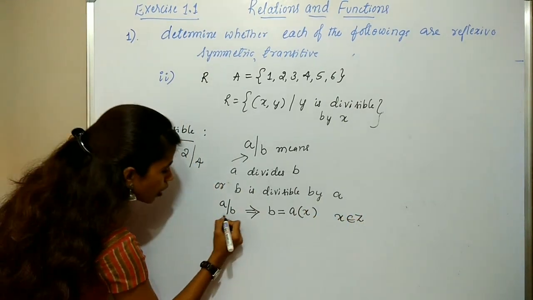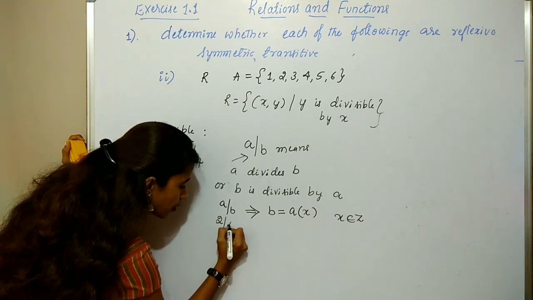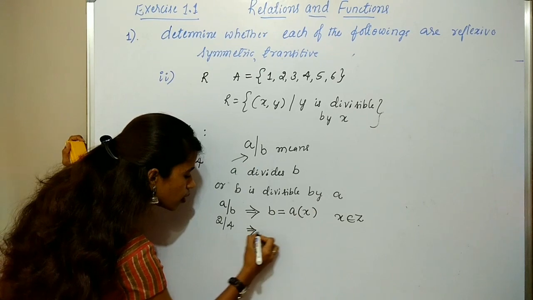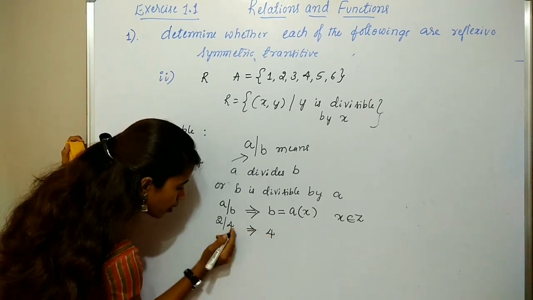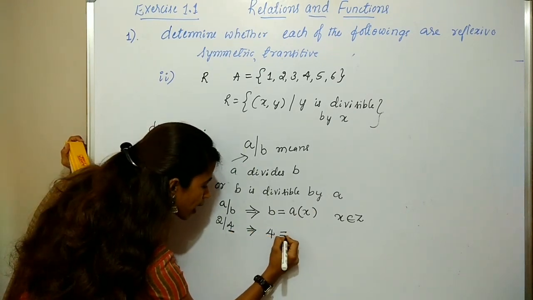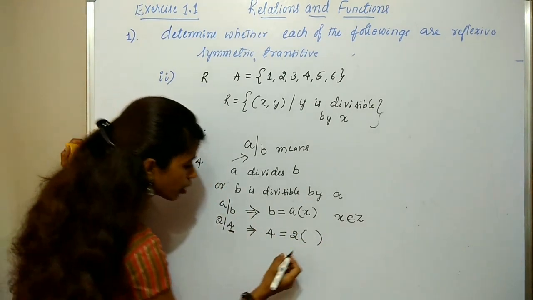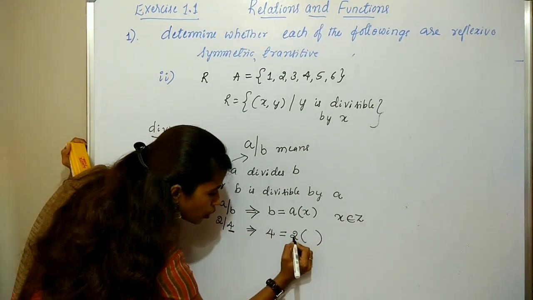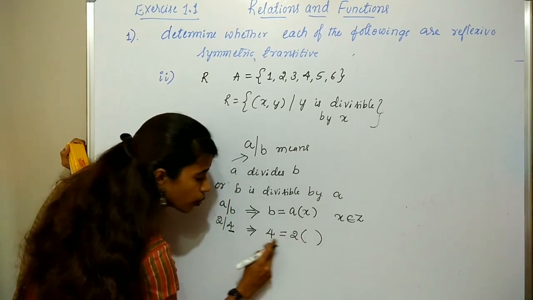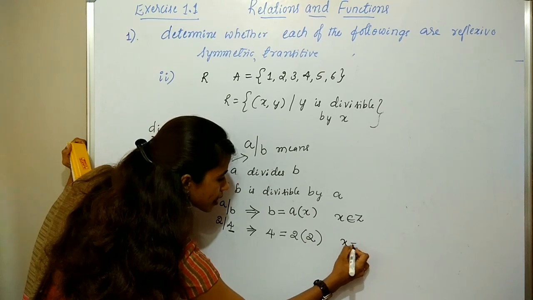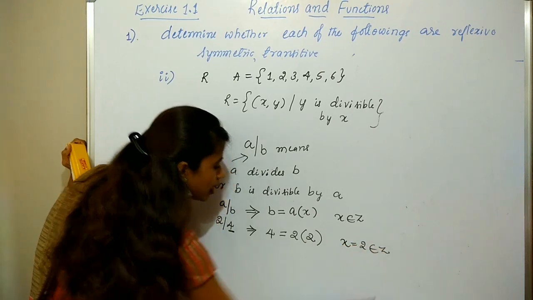It means 2 divides 4. Why does it divide 4? Because 4 can be written as 2 into some number. That number must be an integer. So what is that number? 2 ones are 2 but not equal to 4. 2 twos are 4. Therefore that number is nothing but 2. It is clearly an integer.